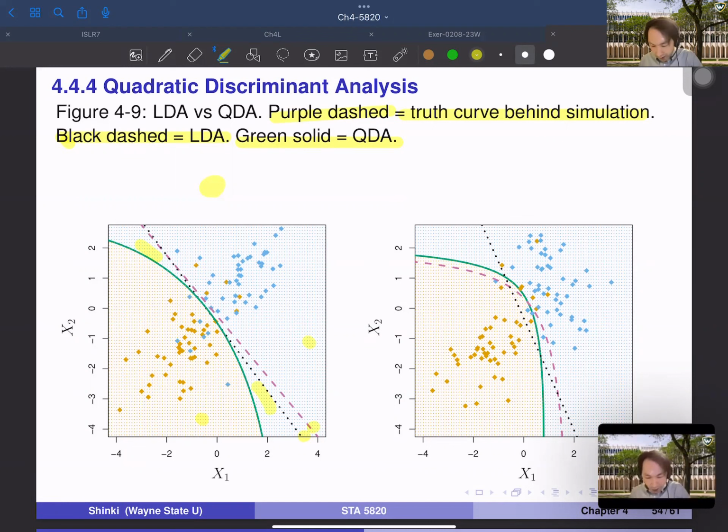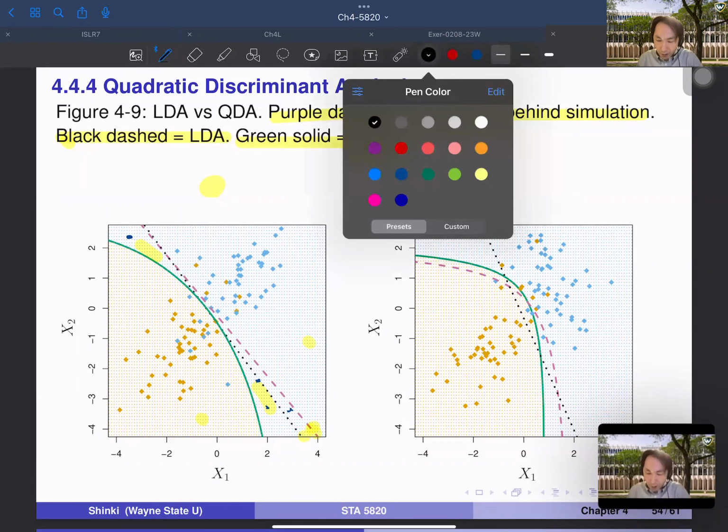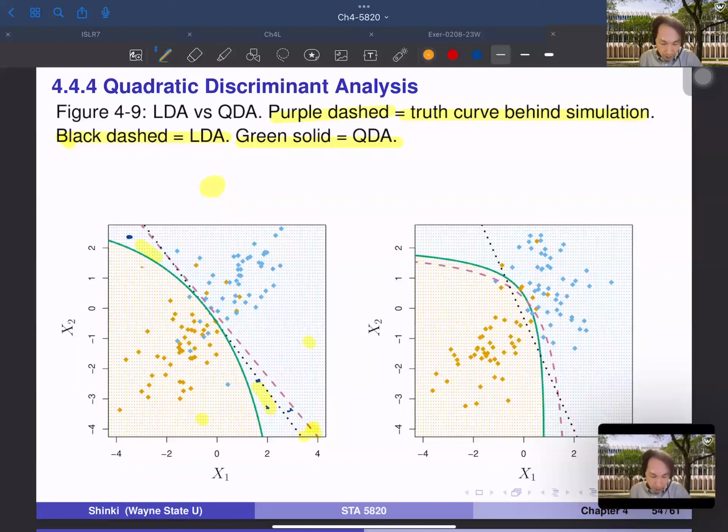So in reality the classification errors are similar, but this is a simulation study and we know the truth, so we can see the boundary is better for LDA. Potentially we have more observations here, maybe more blue and more orange observations. The orange observations are fine, maybe, but these blue observations are misclassified by the green boundary. So in this case, LDA is better.